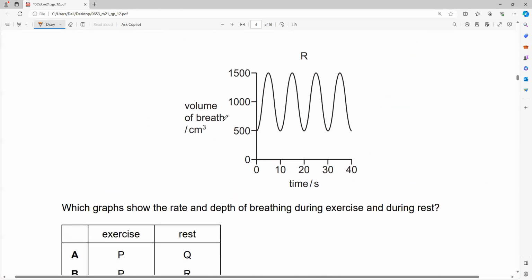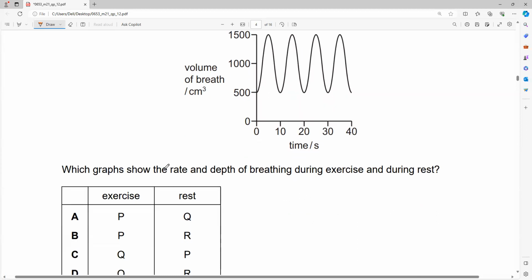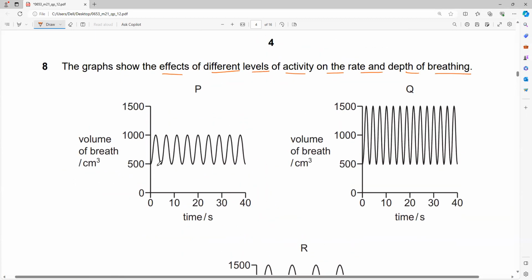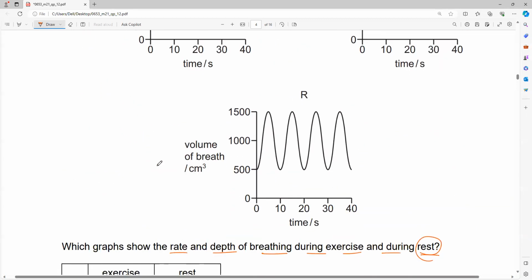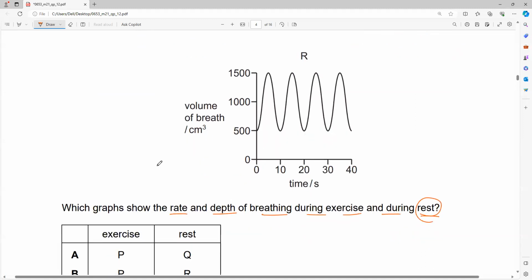Which graph shows the rate and depth of breathing during exercise and during rest? Two things we have to find. During rest, is your breathing rate normal or extremely high? Normal.